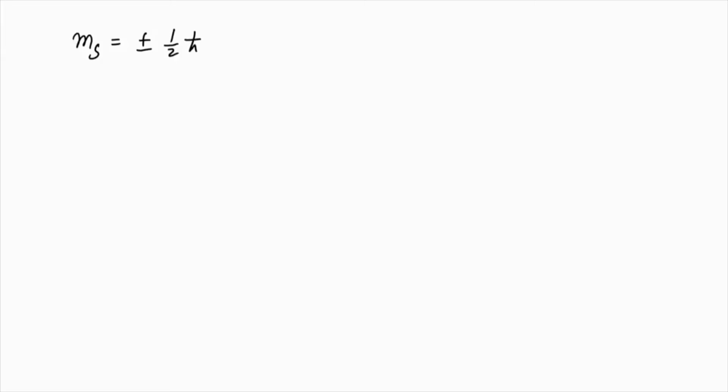So, let us represent the states by up and down. Each plus half H cross over 2 will correspond to up, and this minus H cross over 2 will correspond to down, and hence we can write it in two ways.